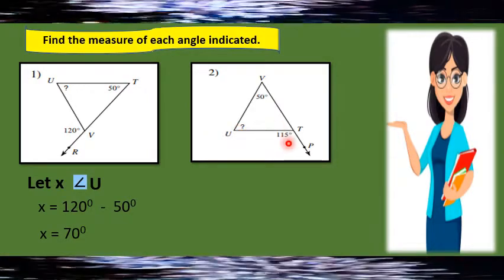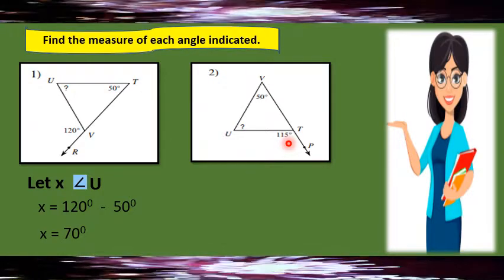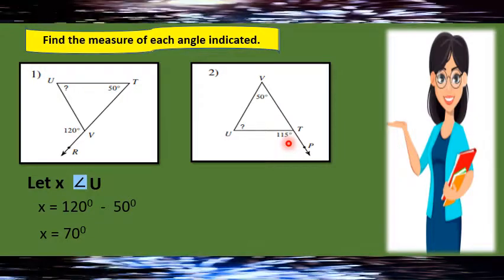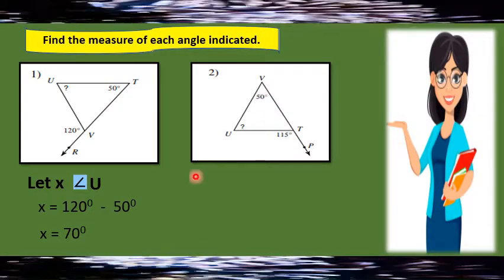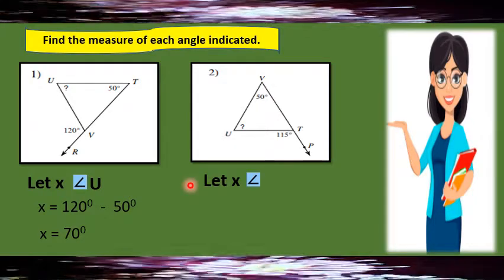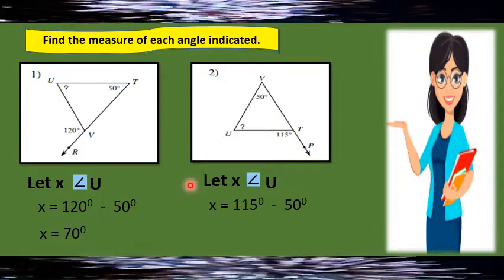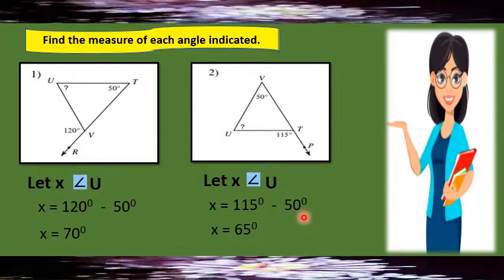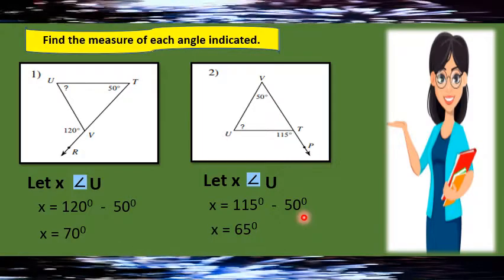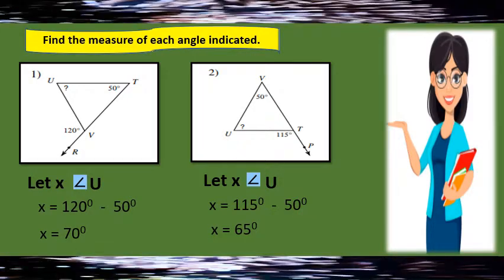Since we have the measurement of the exterior, you have to subtract the other remote interior. Let x be angle U. Then x equals 115 degrees minus 50 degrees. X equals 65 degrees. Therefore, angle U is 65 degrees.